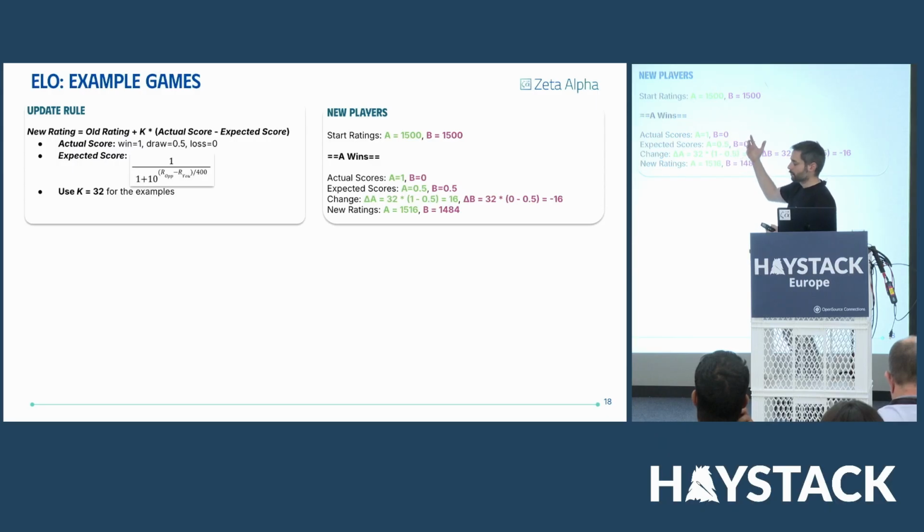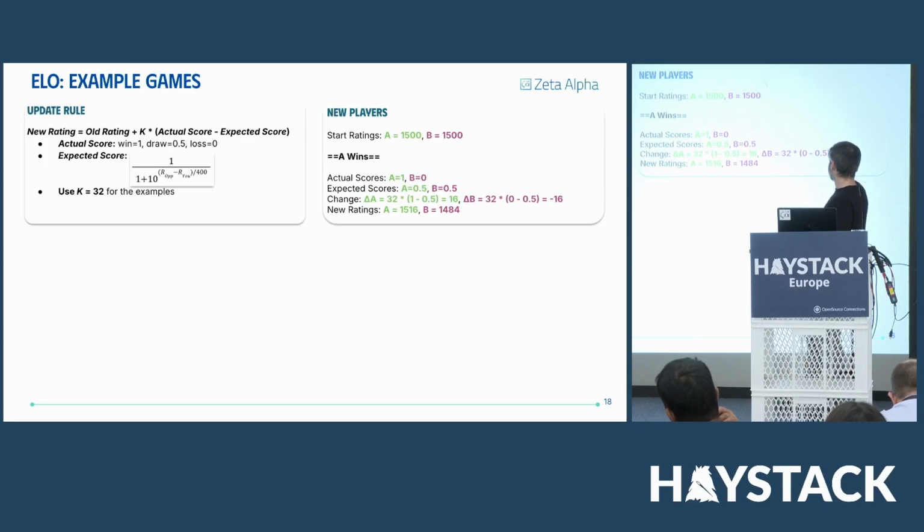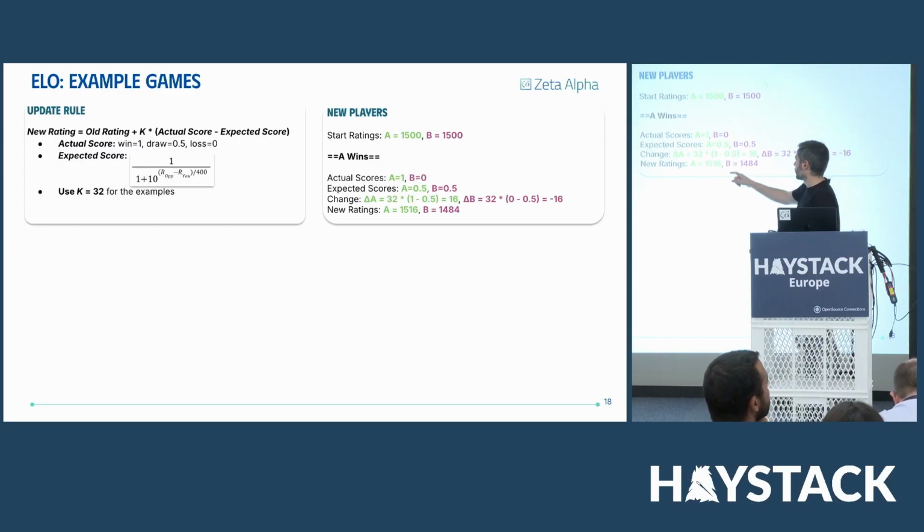Because they have the same R. And so the change in their score, which is this k times the difference, is going to be 32 times 1 minus 0.5, which is 16 for A, and for B it is the same, but it will become minus 16, right? Because you have 0 minus 0.5. And then put it back into the rating, you get that A went up by 16, and B went down by 16. So it's kind of simple.